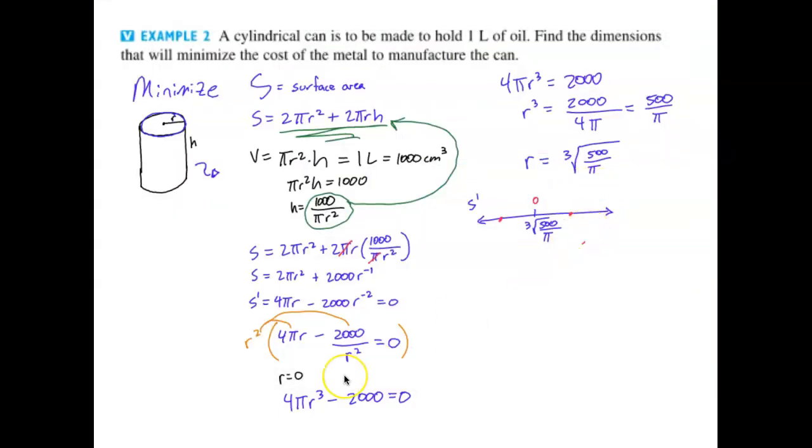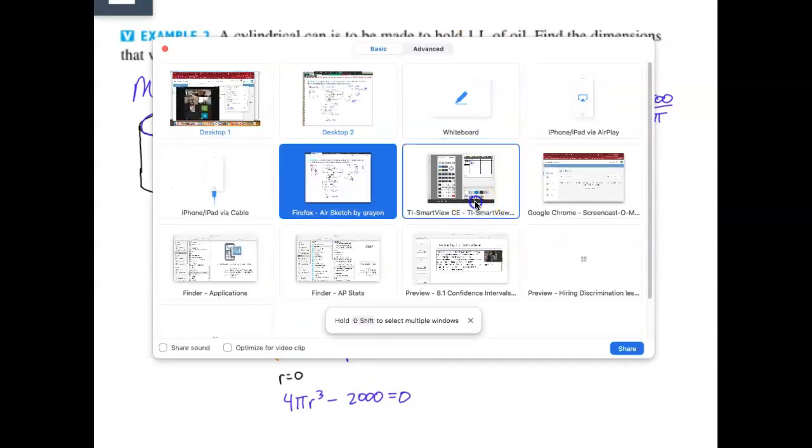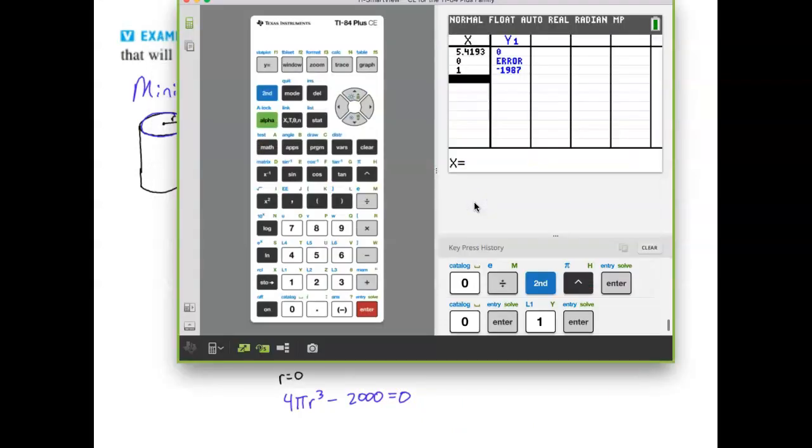All right, the derivative is negative, so my original function must be decreasing, yeah? So negative, my original function is decreasing. All right, let's choose a number to the right of that. What's a number to the right of that? 6?